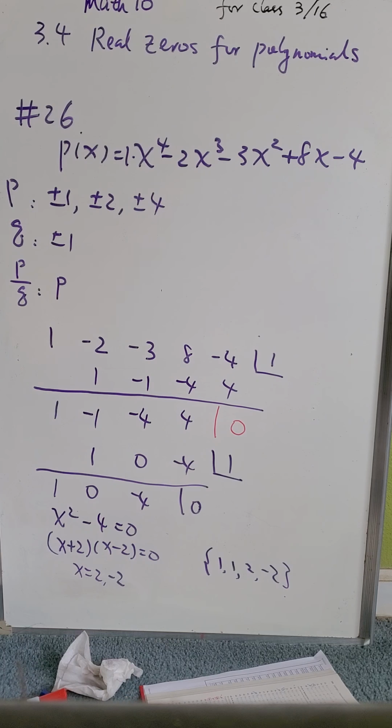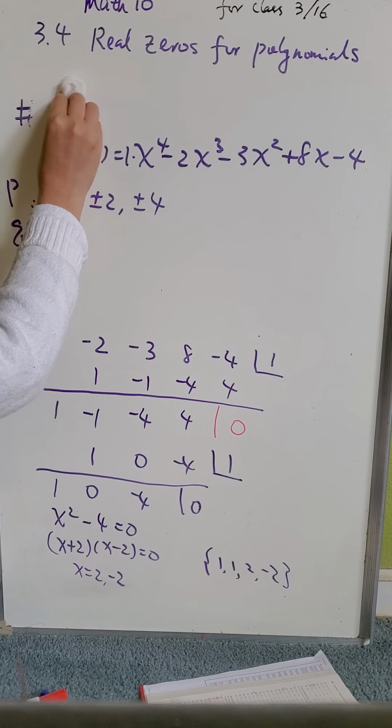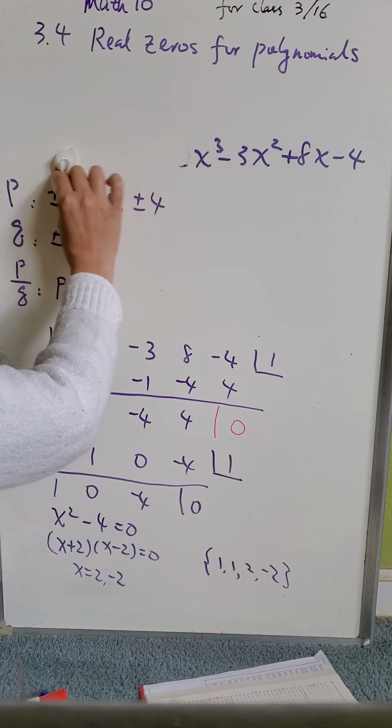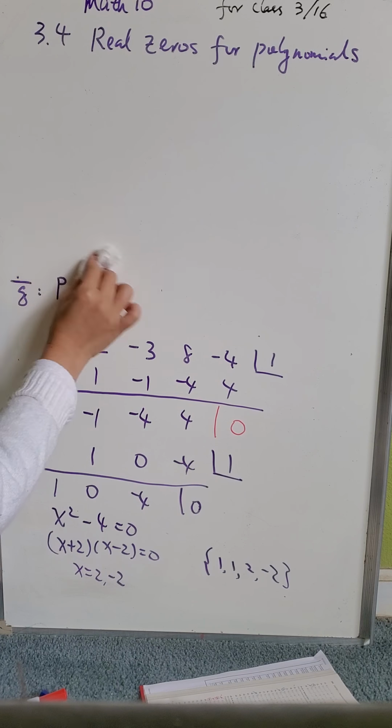Now we're going to try another one. We're going to practice. The lesson is number 32. We just need to practice a little bit more until we are comfortable with it.